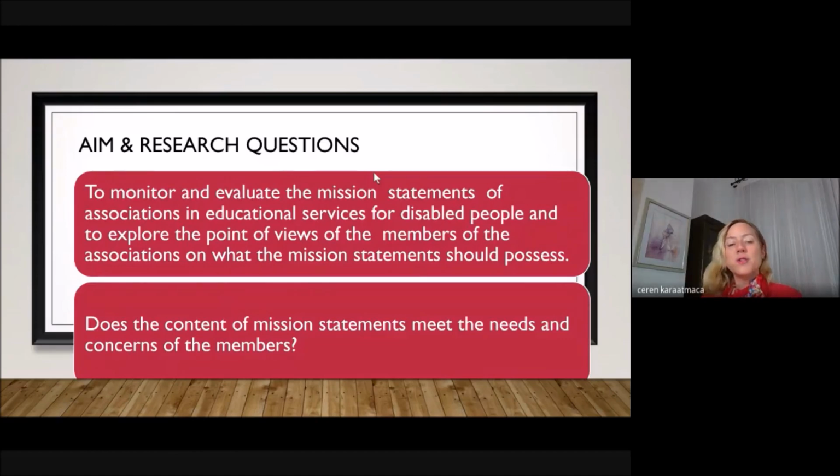So the main question is, does the content of these mission statements really meet the needs and concerns of the members? In real life, we could see most of the time concerns about the two not being in parallel.